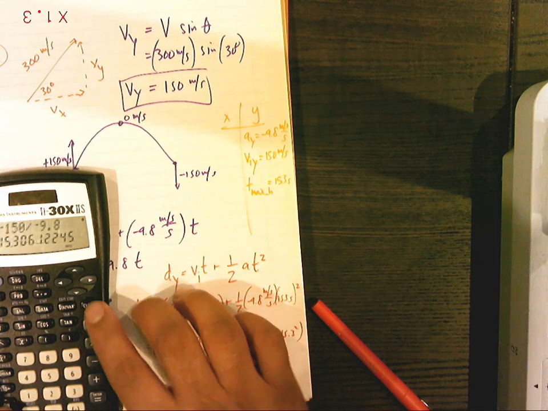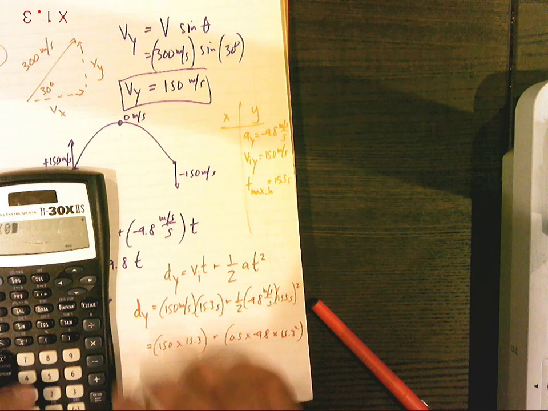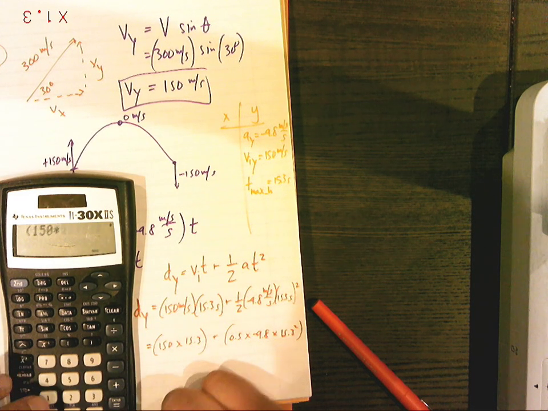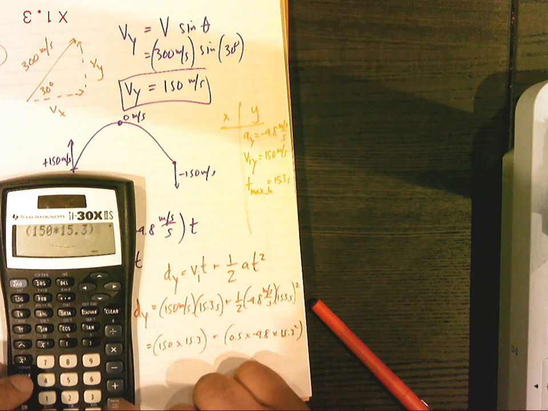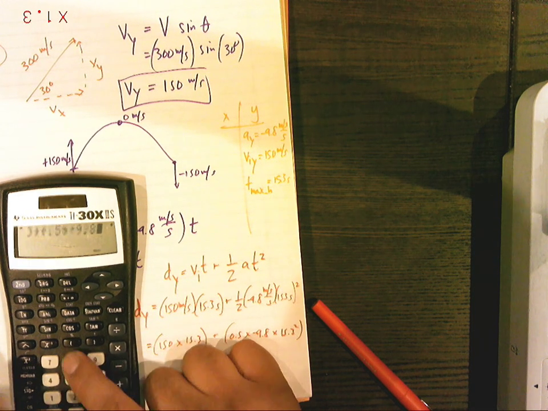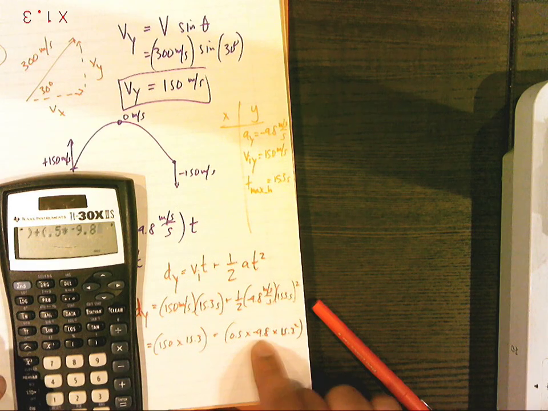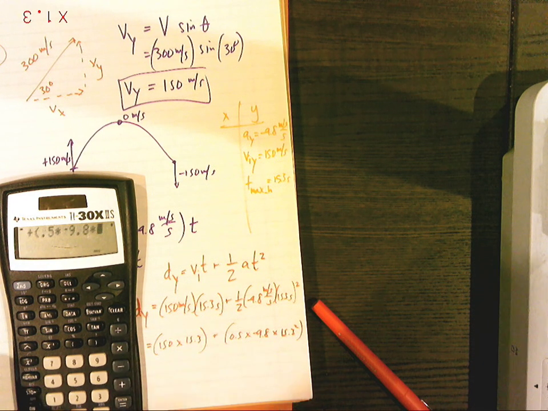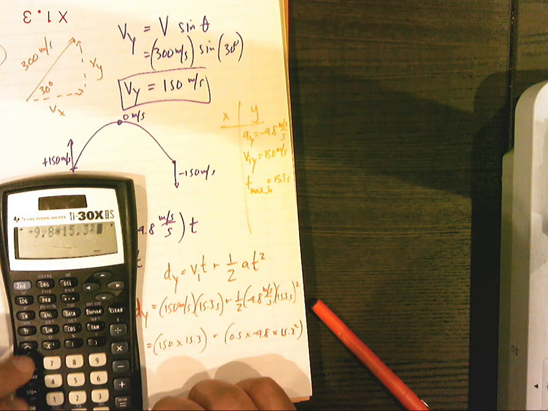So let's figure out how high this ball goes into the air. 150 times 15.3 plus 0.5 times a negative 9.8. You're going to see this a lot: 1/2 times 9.8, it's always going to be a negative 4.9. But I'm just doing the full version so you get the hang of it and see that pattern.